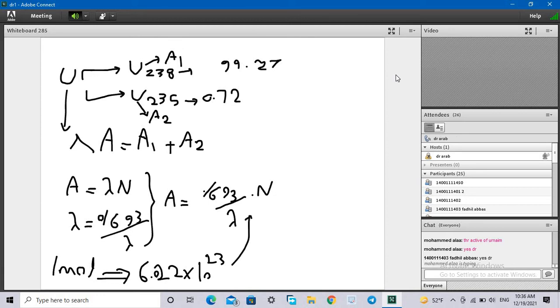By combining these two equations, we can conclude that A equals... sorry, in this equation we should write 1/2 lambda, and it is not correct.